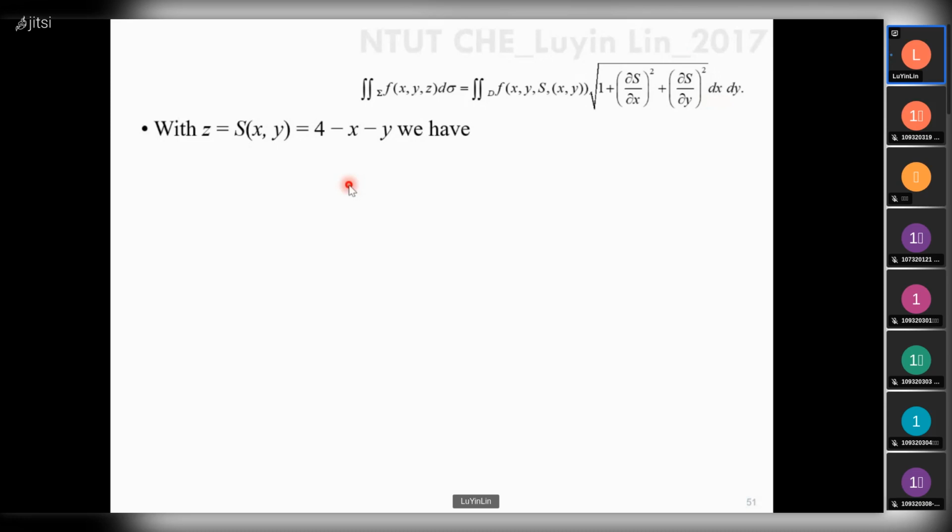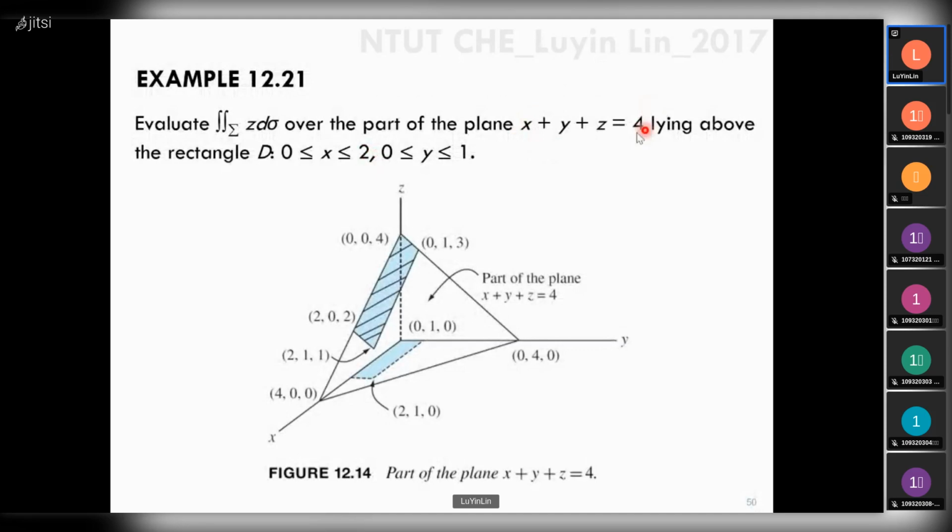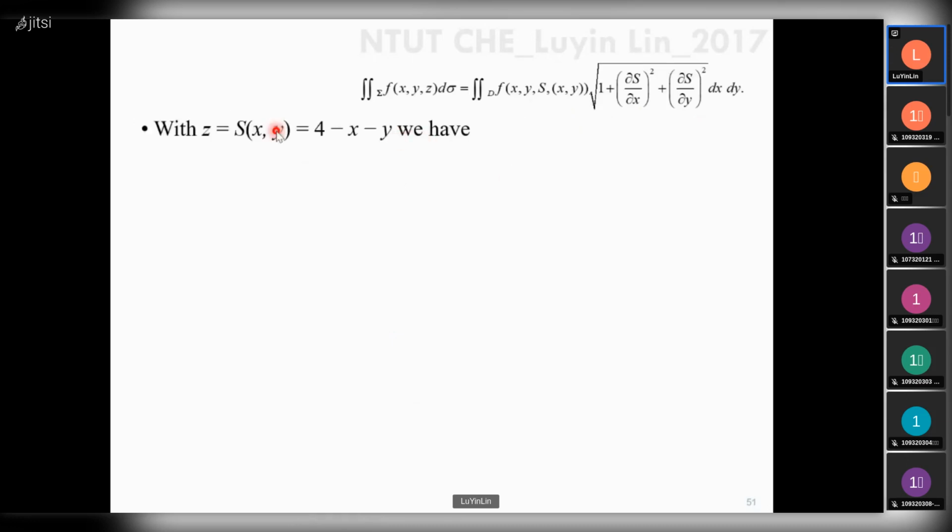First, please try to get S of x, y. Just move x, y to the right hand side as I mentioned before. We want z equal to something, so z is equal to this one.